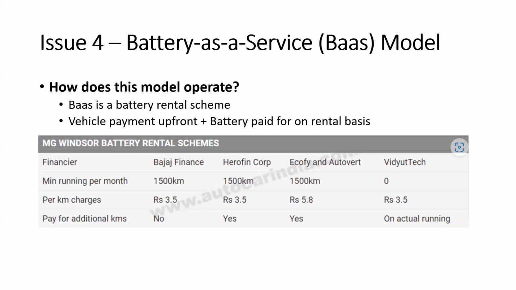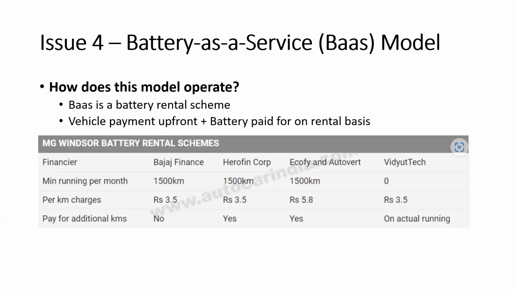If at all you don't pay the rent, the company can come and retrieve the car back. Okay, I'll explain a little more. In Reva, what happened was, you buy the car for 5 lakhs because the battery costs 2 lakh rupees.